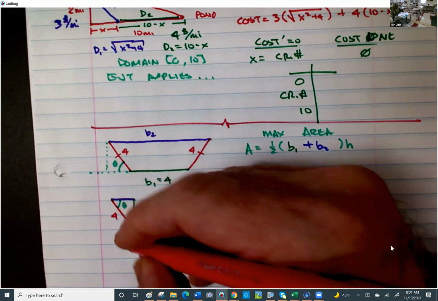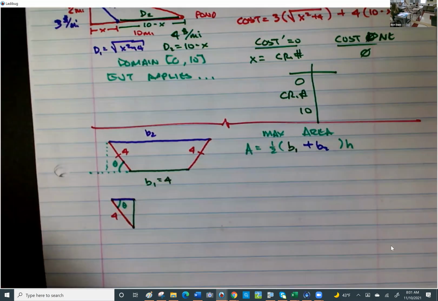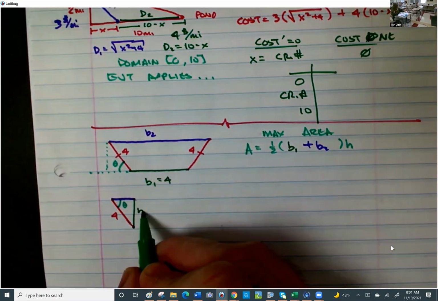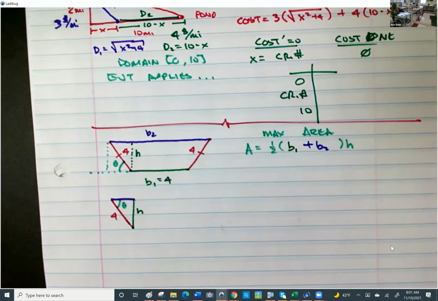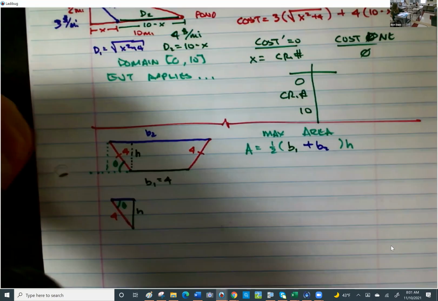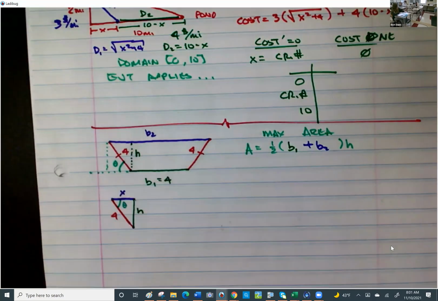So I'm looking at this triangle here. This, of course, would be the height that I'm putting right here. Okay. And let me introduce a variable. I'll call this length up there x.